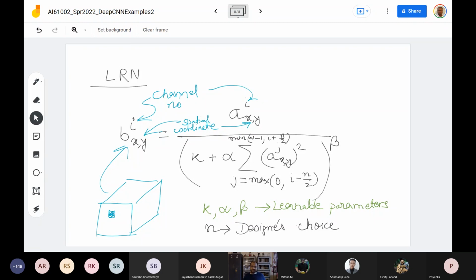Now, in a way, with local response normalization also you are trying to achieve some sort of consistency and mixing across the channels, or a normalization across the channels. And that's something which you can do with a 1x1 convolution. For deeper networks, it was realized that local response normalization does not really have a very significant impact. The only difference is that you can get local response normalization done with a much lesser number of learnable parameters, since you have only 3 parameters per layer to learn.